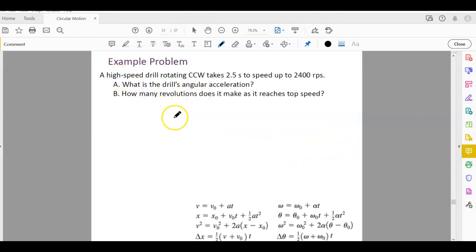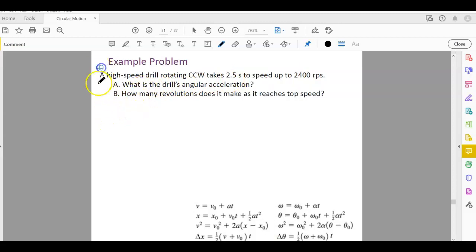So this one is typical of the type of problems that you will be doing in most of your homework problems, right? You have a speed drill that's rotating counterclockwise, and it's going to take 2.5 seconds to speed up to 2,400 revolutions per second. They want to know what the drill's angular acceleration is.